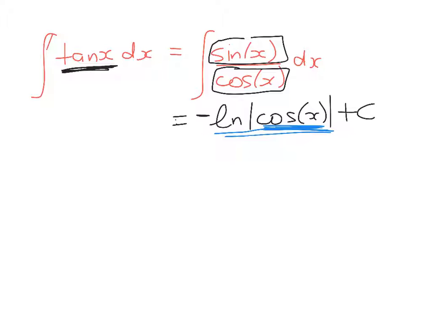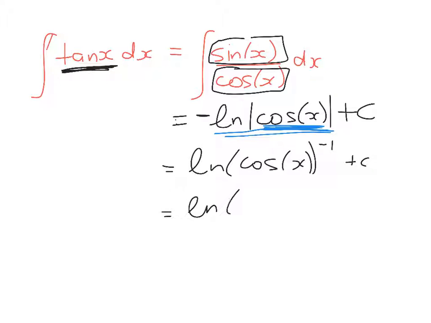Now we can write that even more nicely. Using my log rules, this is the same as the log of cos x to the power of negative 1 plus c, which is the natural log of sec x plus c. So that's fine, but that's even better.